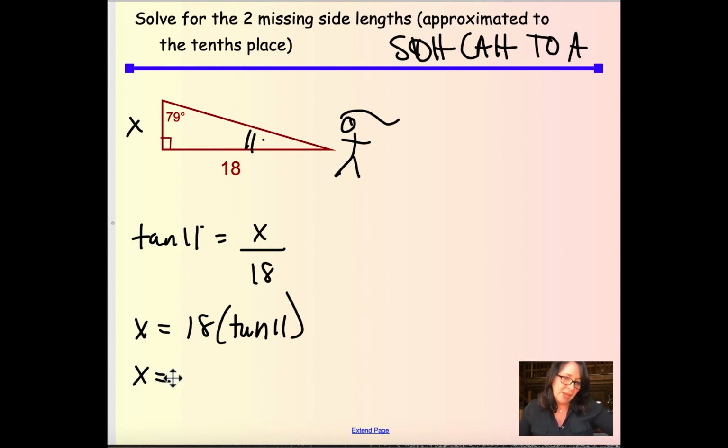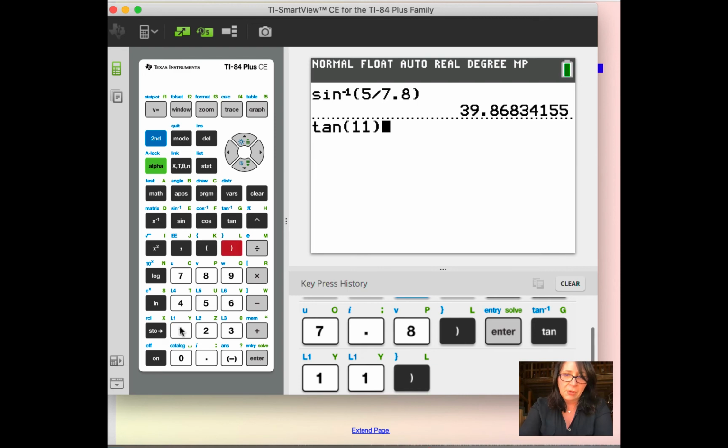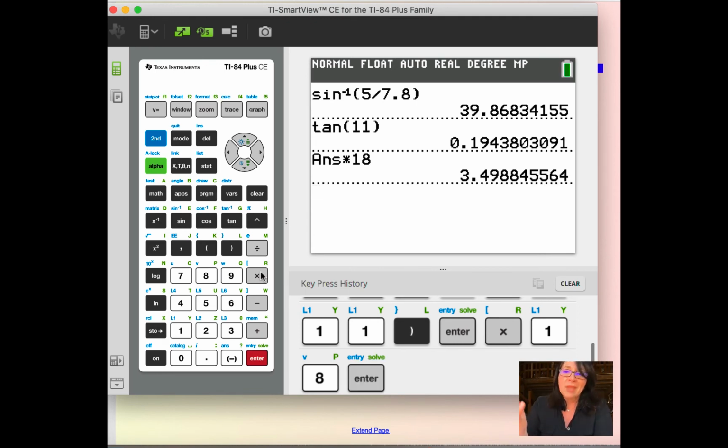So we go x equals, and I would just use my calculator. 18 times tangent of 11. So I'm going to go tangent of 11, I'm going to get that number, and then I'm going to multiply by 18. And I get about 3.5.